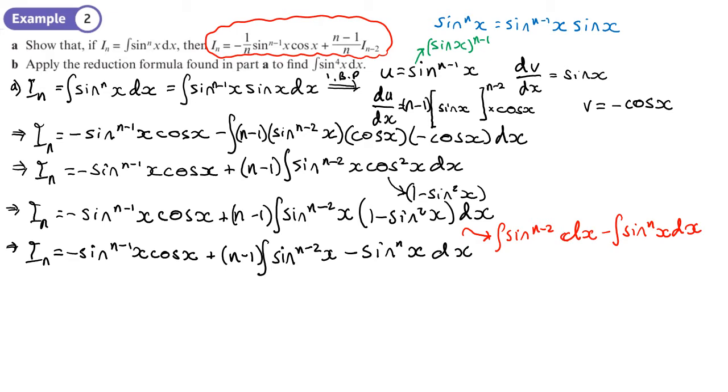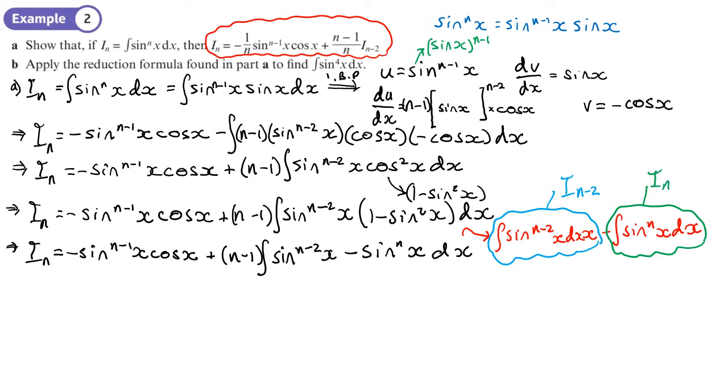Because we can write them out separately, we might see that this part here is the same as I sub n minus 2. If you just replace n with n minus 2, you get this. And this part here is the same as I sub n, which is what we started with.